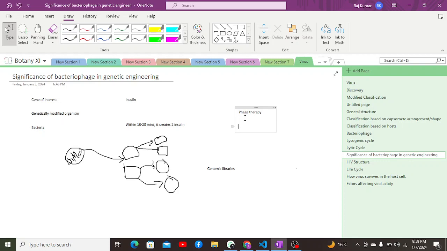Another advantage which I would like to highlight is a recent one, which is known as antibacterial nanomedicine.